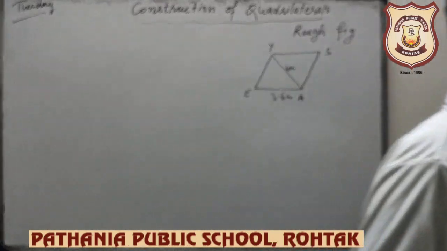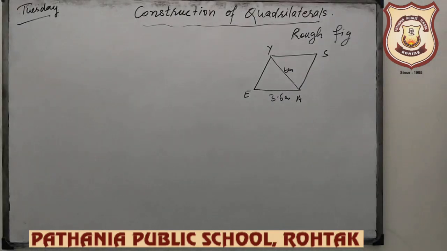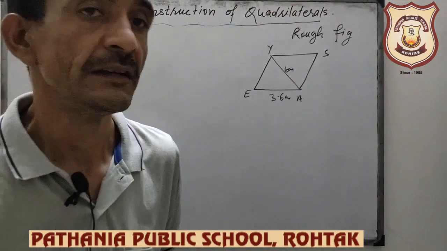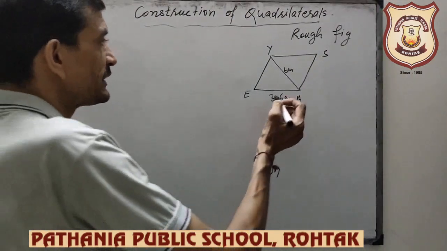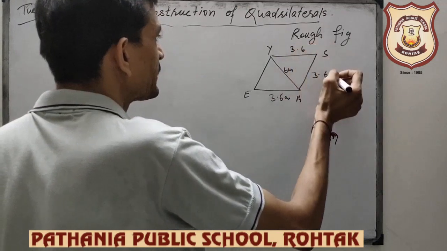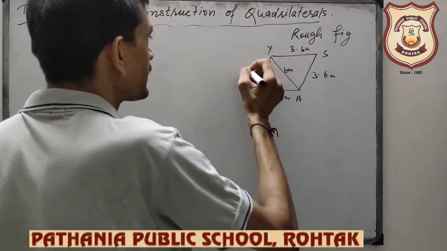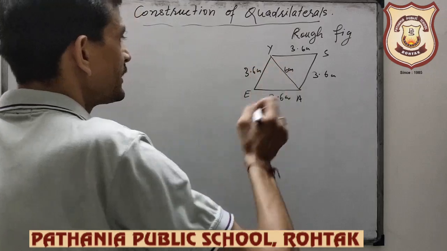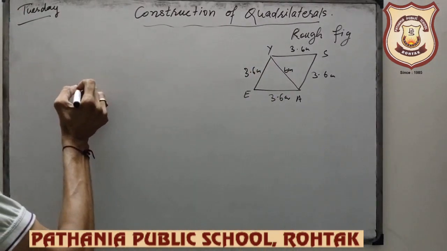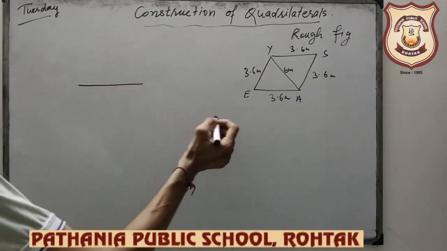What is important in it? We should know that all the sides of a rhombus are equal. This property I am going to use. This is 3.6, this is 3.6, this also 3.6 and this also 3.6. Now by using this I am going to draw a line segment EA.